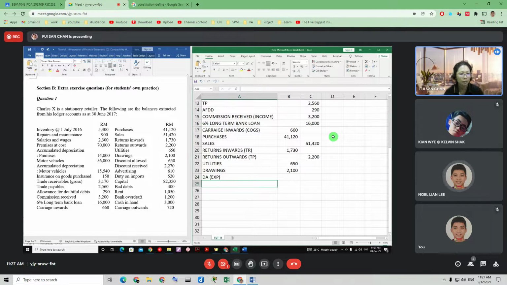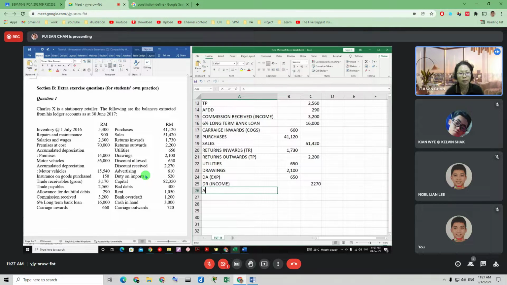From the words discount allowed, we give discount to our customer, meaning our customer pays less, so it becomes our expense. So it's on the debit. Now how about discount received? Discount received is the other way around. This is like our income because we receive discount from our supplier, correct? So this one must be on the credit. All income is on the credit.